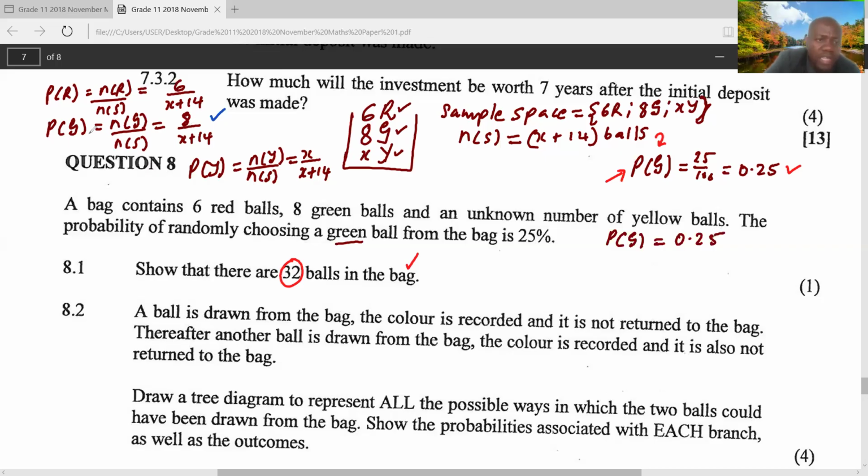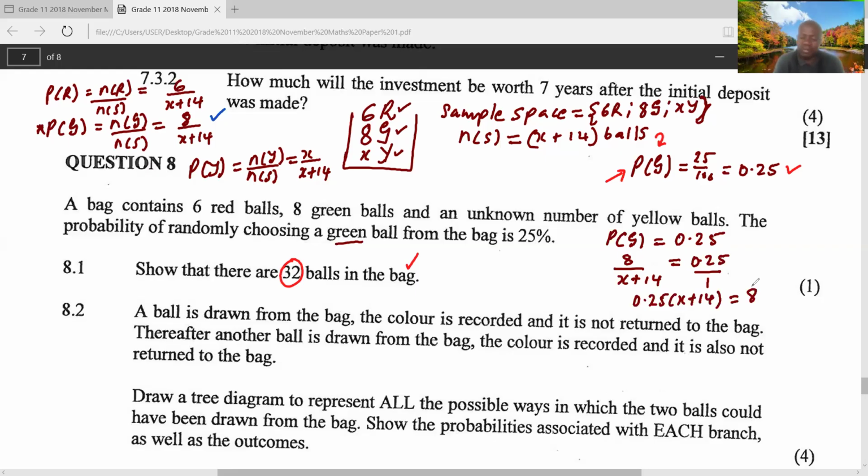But from here, the probability of having a green ball is 8 over X plus 14, which equals 0.25. So this is over 1. We can now cross multiply, then we'll have 0.25 into X plus 14 equals 8.